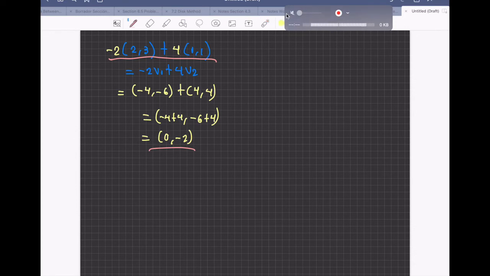So now we understand what a linear combination is. We have the next theorem.